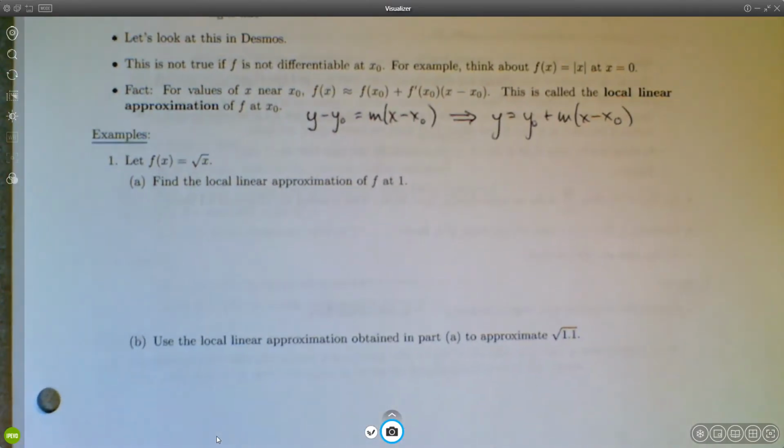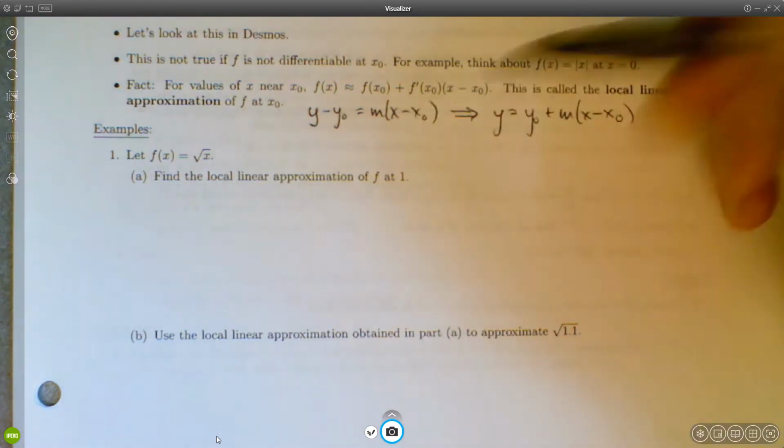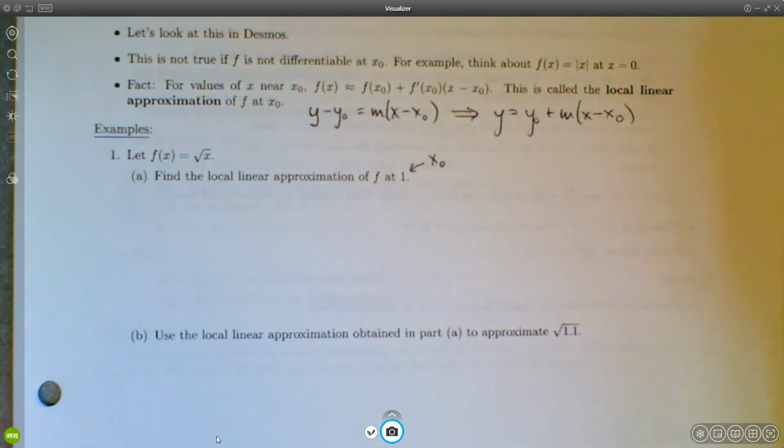So let me give you an example. Let's say that f of x is square root of x, and let's find the local linear approximation of f at 1. Okay? Well, so 1 in this case is the x naught that we're talking about in the formula up here.